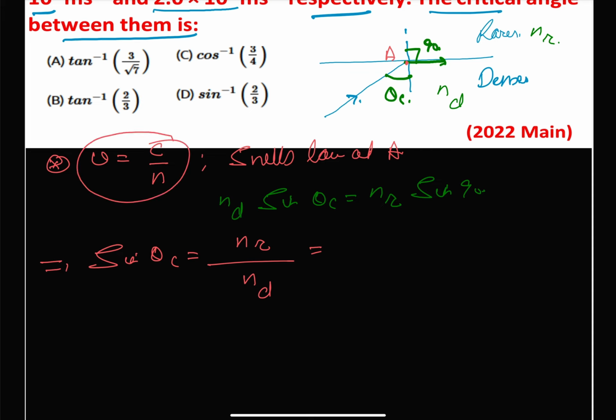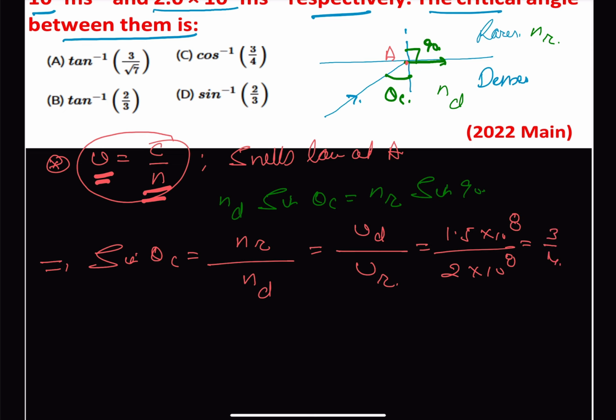From here we can see that velocity in a medium is inversely proportional to the refractive index. So therefore we can write this as velocity in the denser medium over velocity in the rarer medium. The values are given to us. This is 1.5 × 10^8 and here we have 2 × 10^8, and this is 3 by 4.